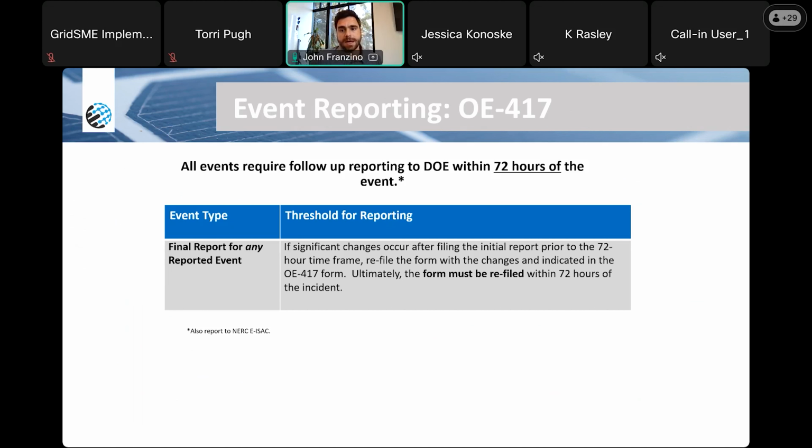Even though NERC's in the name and they are technically part of NERC, they operate separately. So they are not a regulatory or compliance enforcement body. They are there to gather industry intelligence, and look at physical and cybersecurity risks and trends across the bulk electric system.